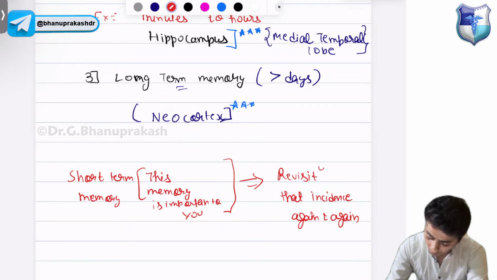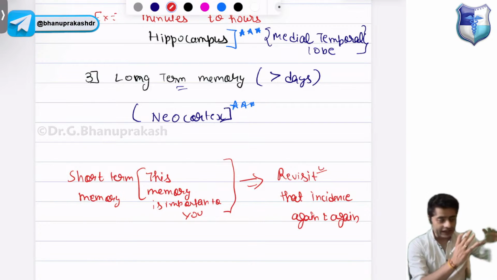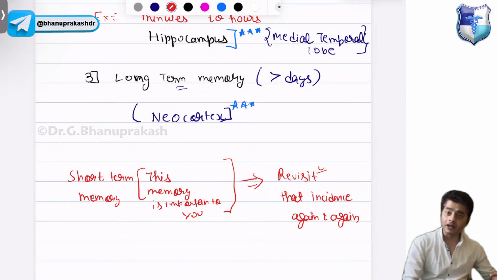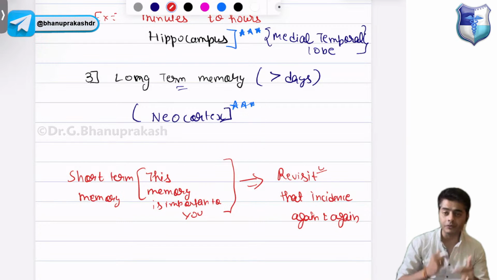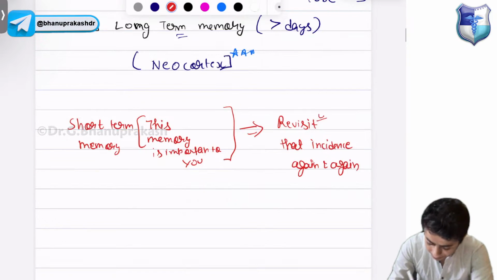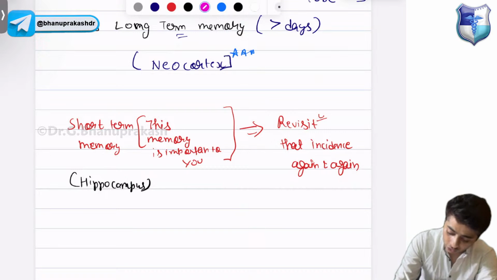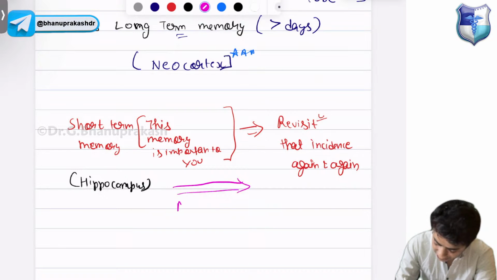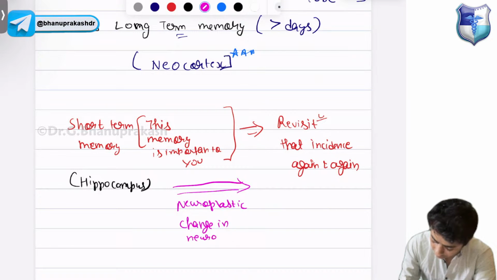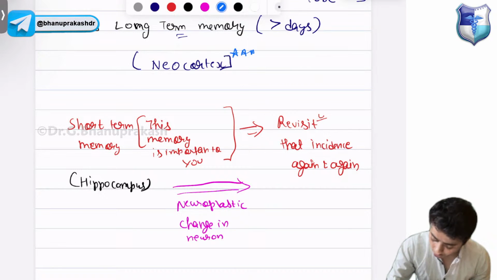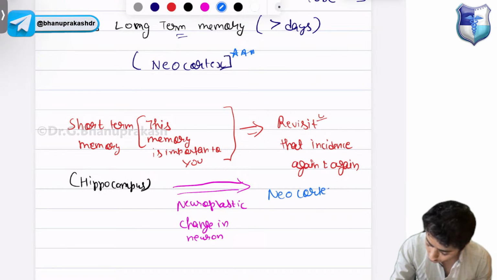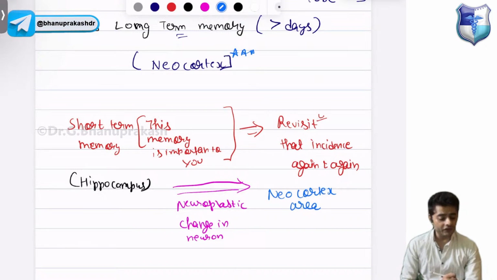Because of that favor or fight, you will revisit it in your brain again and again, and then this memory, which is in your hippocampus, due to neuroplastic changes in the neurons, will now be shifted to your neocortex area.